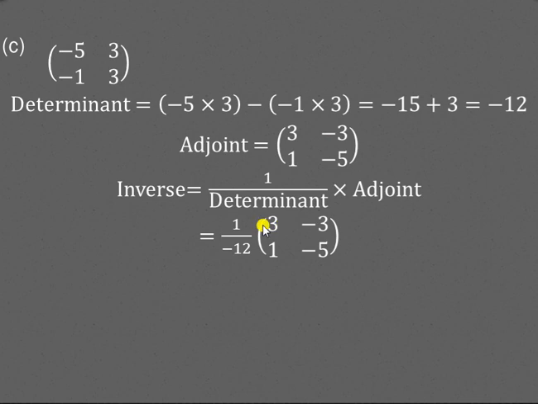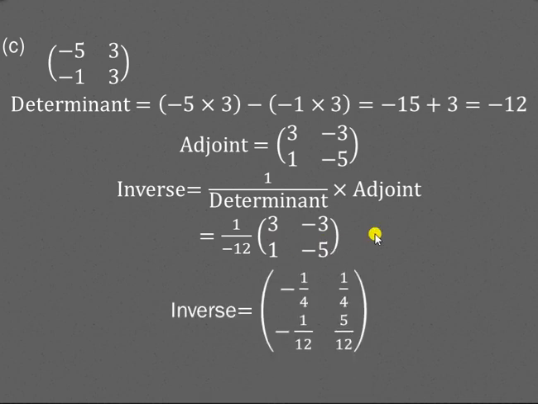Then finally we shall have this, and again 1 out of -12 is as good as -1 out of 12. So -1 out of 12 will simply multiply each of these elements, and as you simplify where necessary, you will get -1/4, -1 out of 12, +1/4, and 5 out of 12 as our inverse.